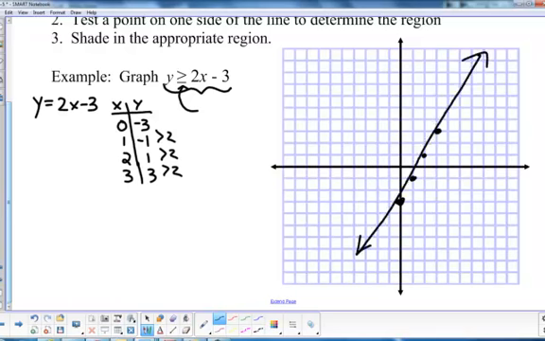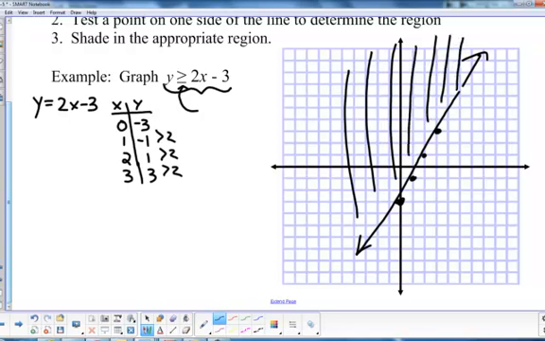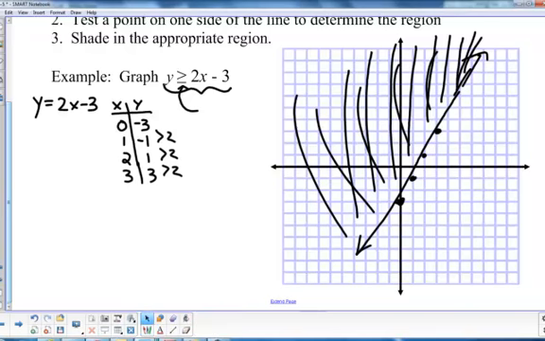So that's my straight line. And then it says y is greater than. So I'm shading above. I'm shading to the sky, to the numbers that are bigger. So everything above this works, and everything on the line works. And everything down here does not work.